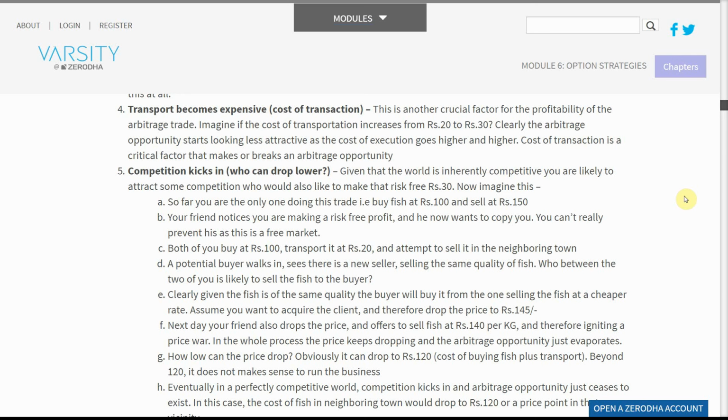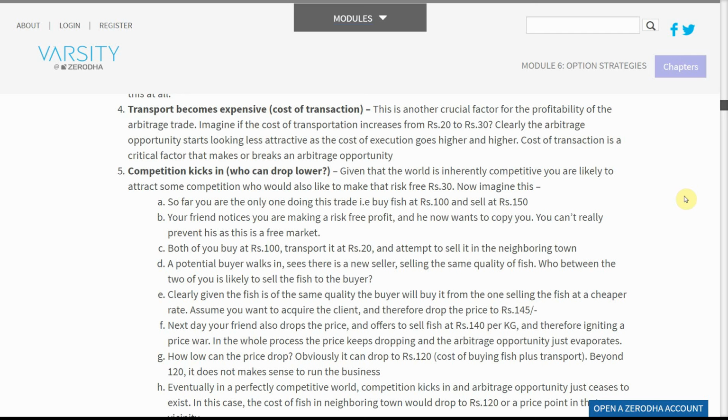Competition kicks in. Who can drop lower? Given that the world is inherently competitive, you are likely to attract some competition who would also like to make that risk-free 30 rupees. Now imagine this. So far you are the only one doing this trade, i.e. buy fish at 100 rupees and sell at 150 rupees. Your friend notices you are making a risk-free profit, and he now wants to copy you.